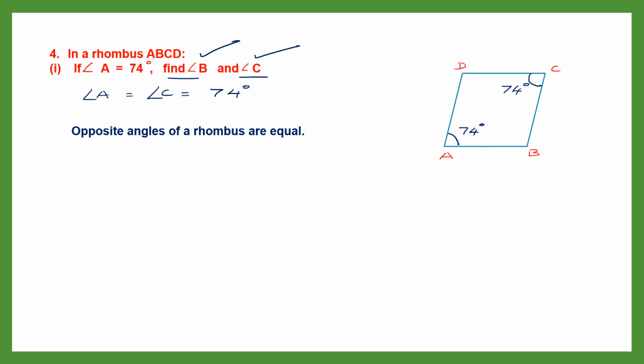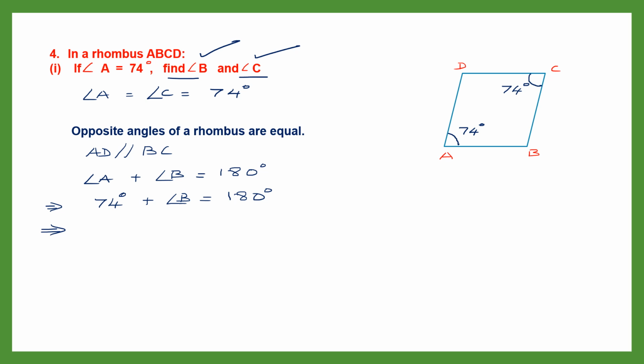So let's write that AD is parallel to BC. So in that case, angle A plus angle B will be equal to 180 degrees. And we know angle A is 74 degrees. It's given to us. So this is 74 degrees. Angle B is what we're going to find out. Together they must add up to 180 degrees.